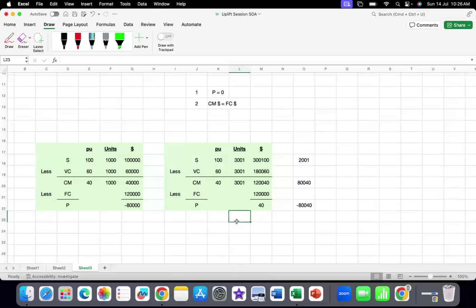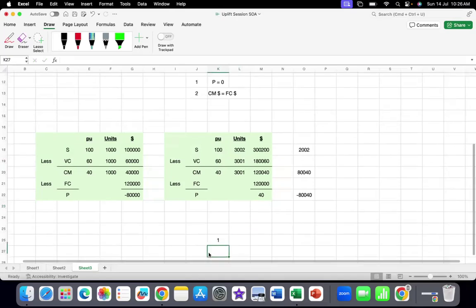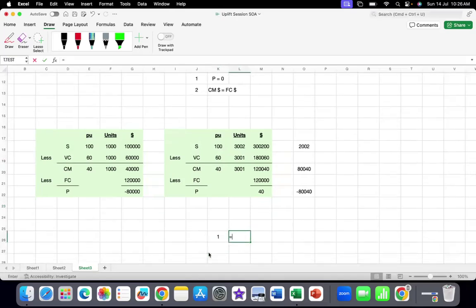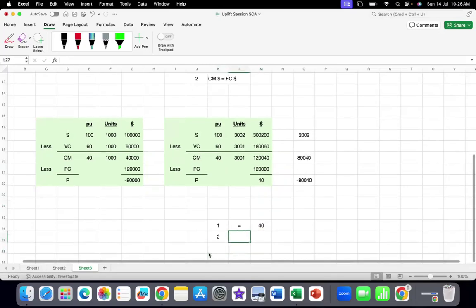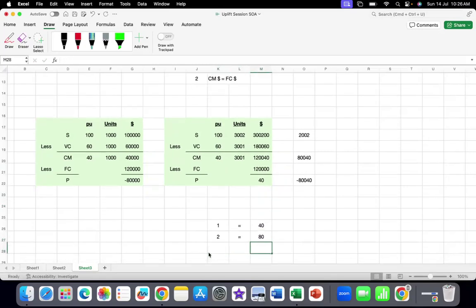What if I make 2 more units? For 1 unit, I get a profit of 40 above my break-even point. If I'm making 2 units, I'll get a profit of 80. This would be 3002, 80.